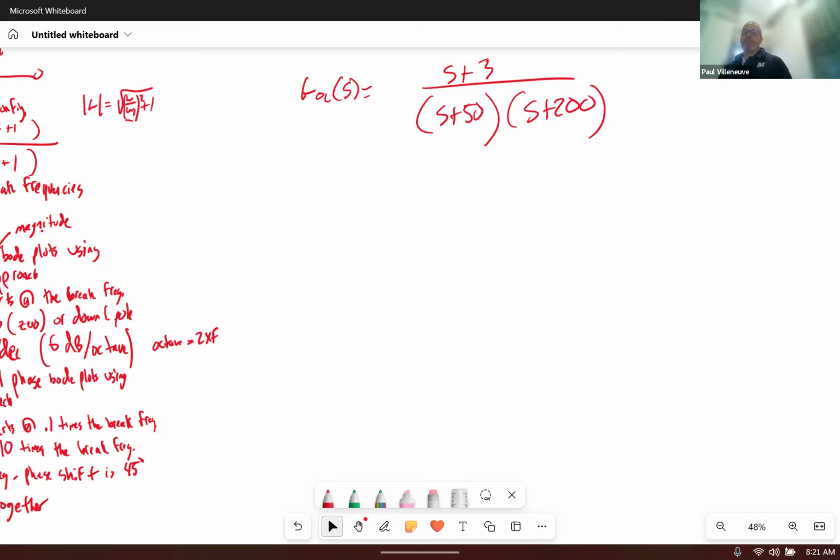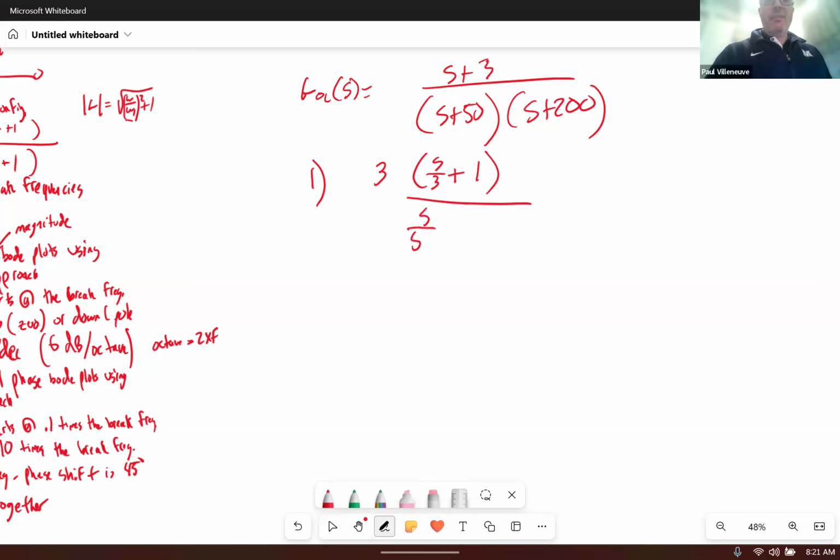All right. Okay. So step 1 is set up in standard form, which means we have to divide out all the break frequencies. So in the numerator, we factor out a 3, which means this becomes S over 3 plus 1. In the denominator, we have S plus 50, so we factor out 50, giving S over 50 plus 1.